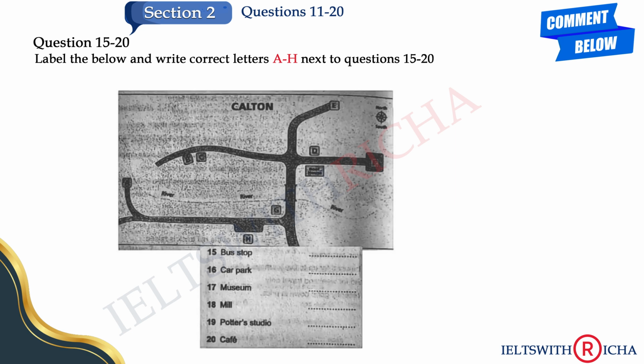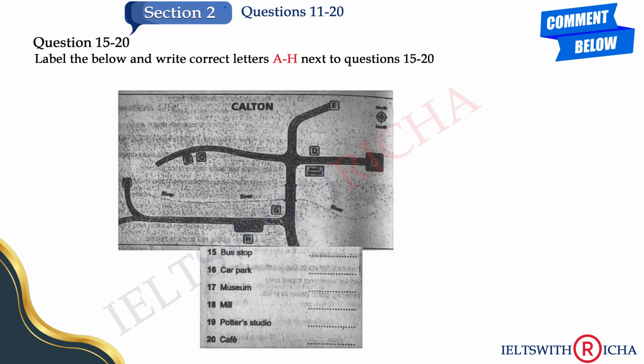If you're interested in local history, there's a museum in Calton with farming, fishing, and household implements from the late 19th century. As you come in from the south, cross the river and go straight on the same road until you reach the end. Also, on the subject of history, you can go and see the old mill, which has recently been renovated and put back into use. Turn left before you come to the bridge.